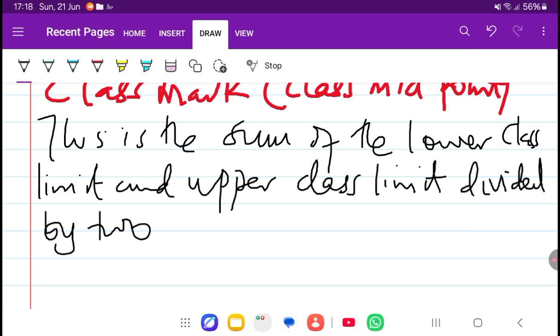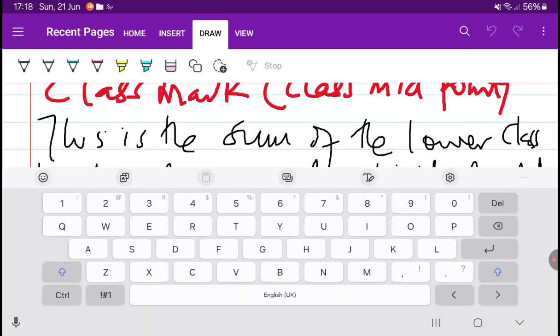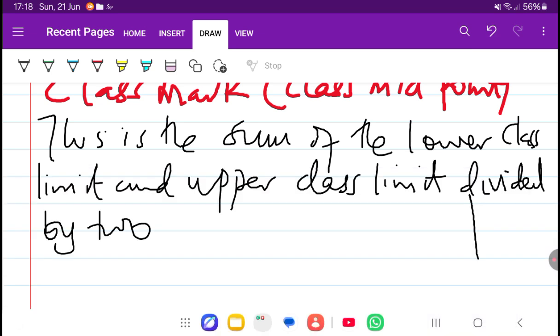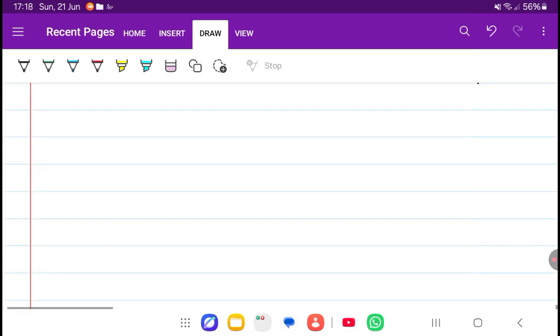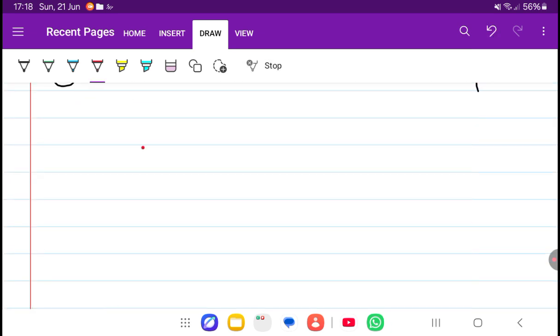Let me write it in a formula way. This is a midpoint.